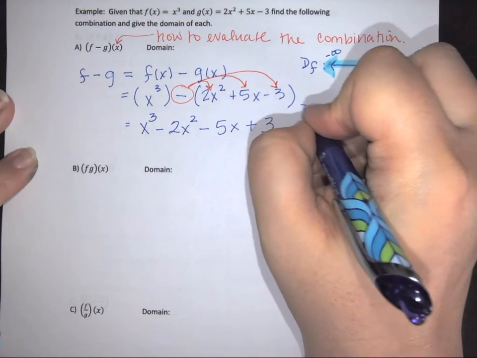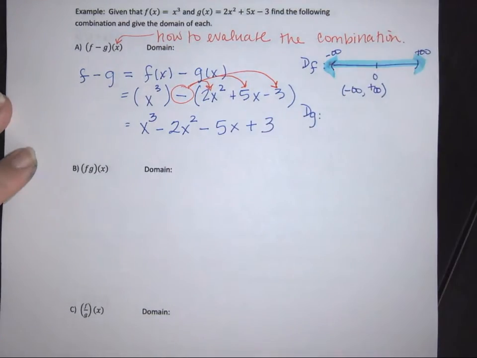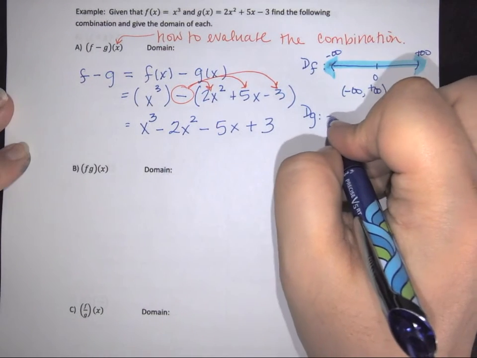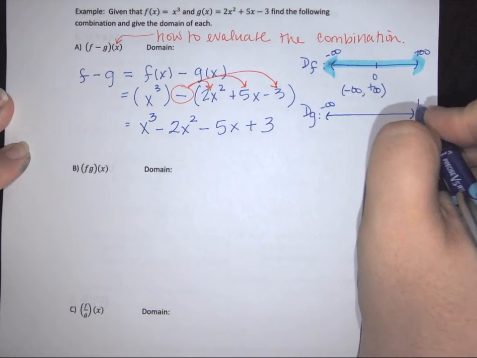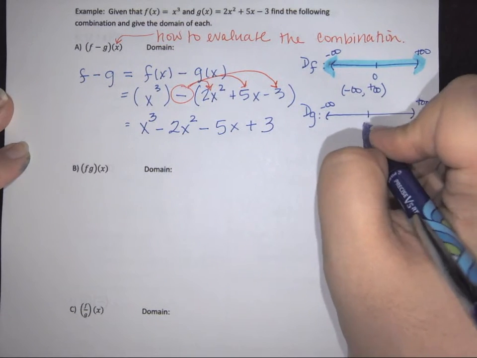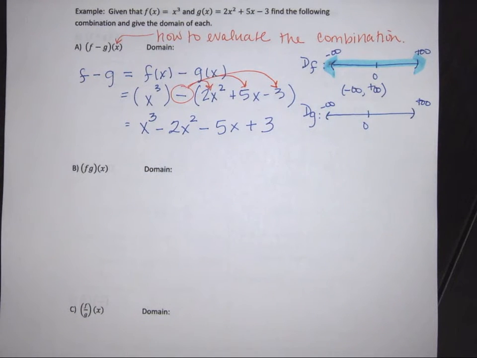Now if we look at the domain for g, again we have that same number line from the negative to the positive, and notice I'm lining them up on top of each other because I want to be able to compare my two number lines and make sure that I don't have any issues.